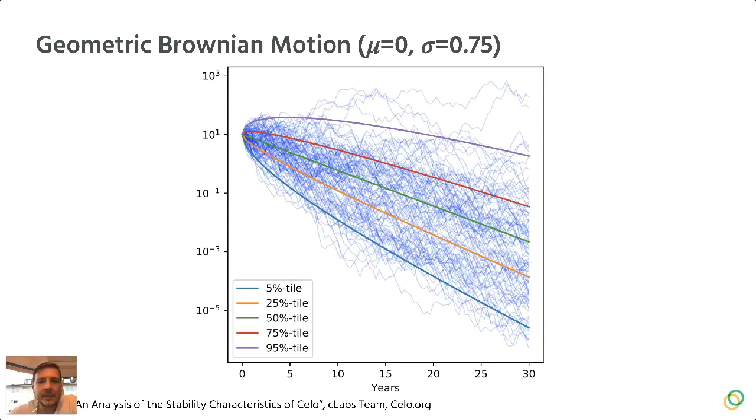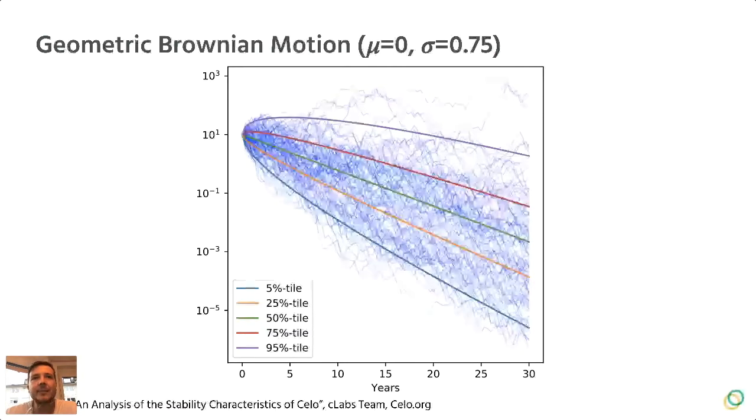So 75% of the paths are below the red line. It's hard to see, however, basically 75% of these paths are decaying towards 0 over 30 years.